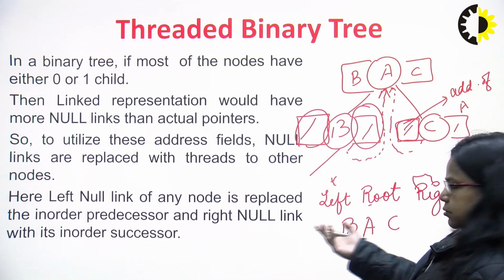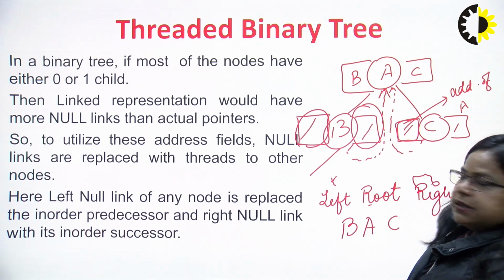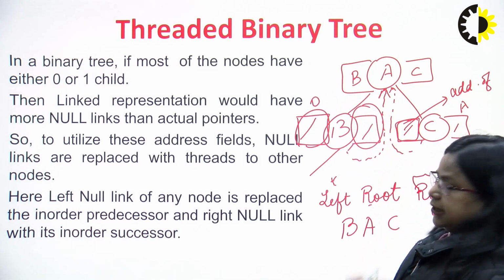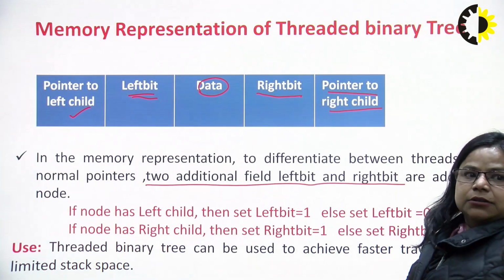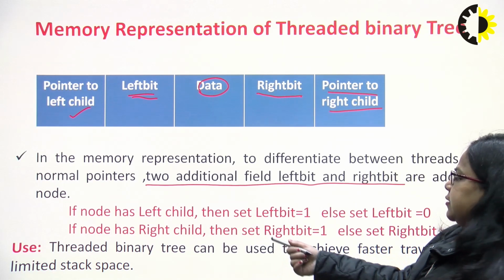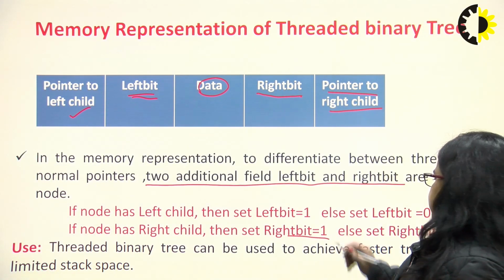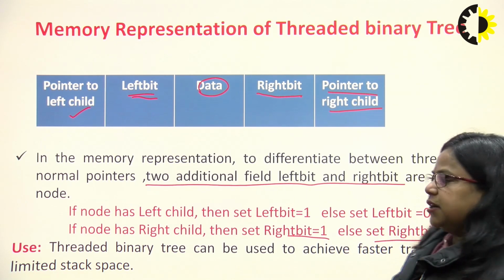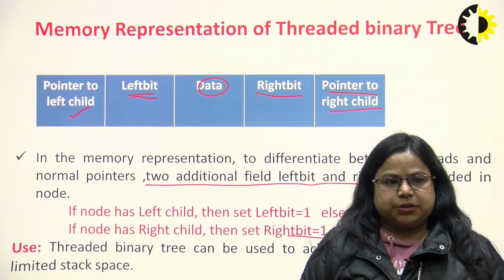In that case, we put the value 0 in the left bit, because it indicates only the values, right? And if the node has a right child, we set the right bit as 1, otherwise 0. This is the way we represent the data in memory.